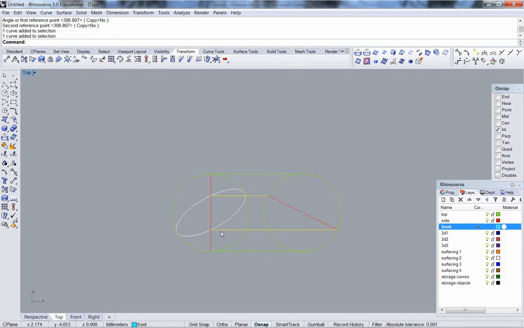I will be aware of the fact that this represents my ring rotated towards me.